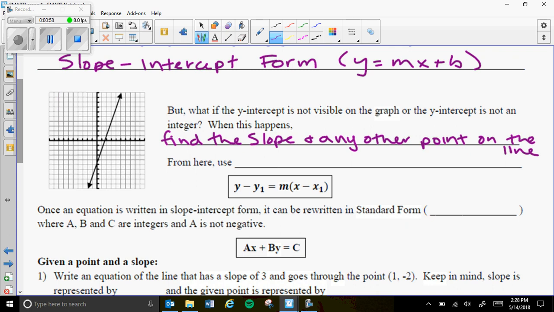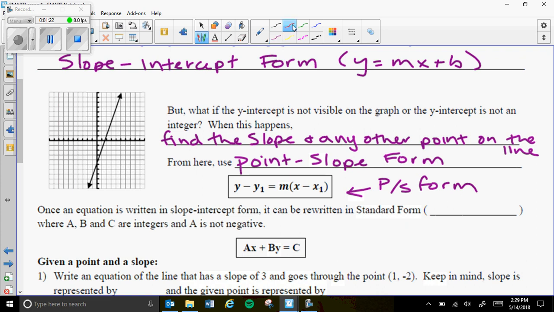From here, use what's called point-slope form. It's right here in this box. Point-slope form: y minus y1 equals m parentheses x minus x1. And we'll talk about that equation a little bit more in an example coming up.